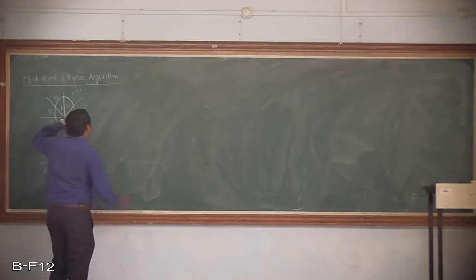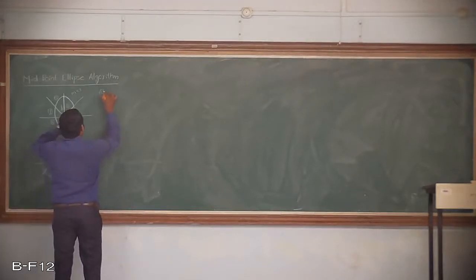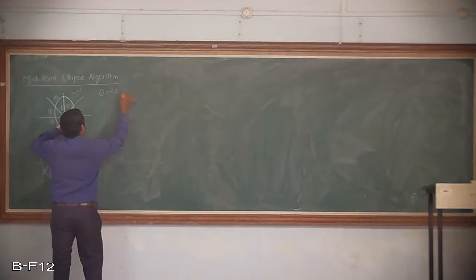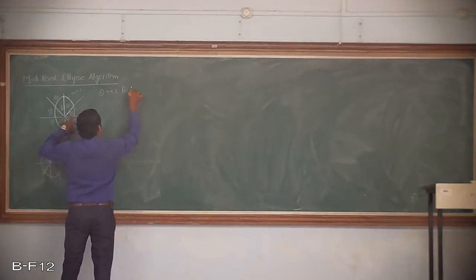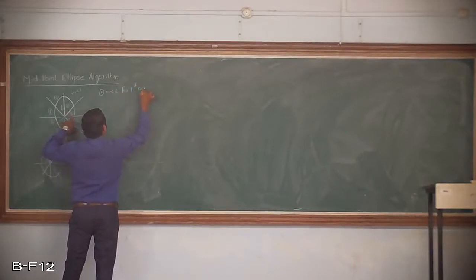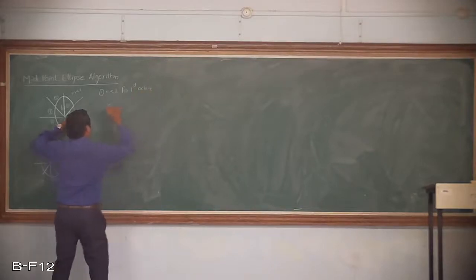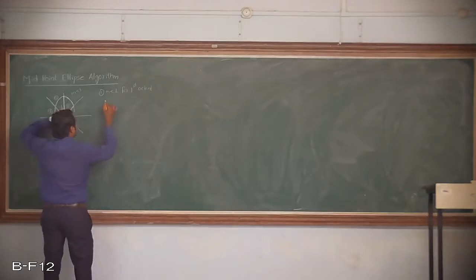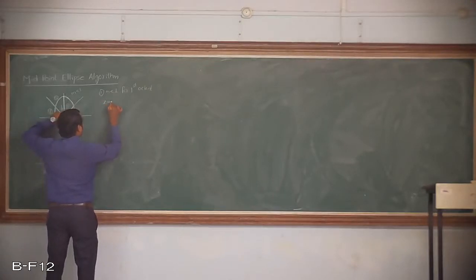Two cases were considered for the first octant. This has been already derived in the previous class. m is less than 1 for the first octant. So when the slope is less than 1, x will move in unit intervals.